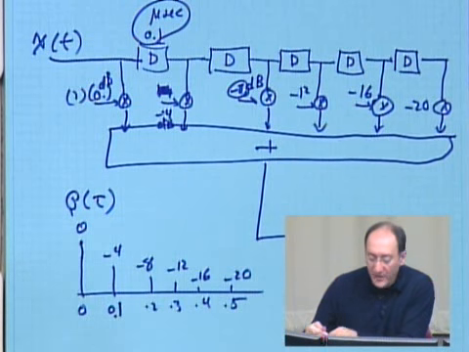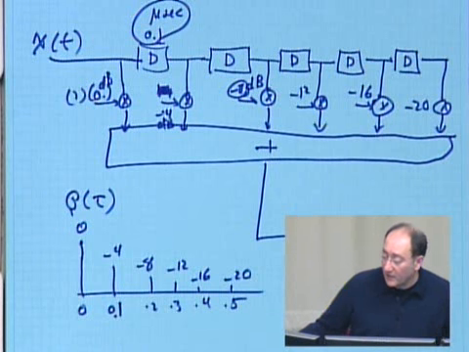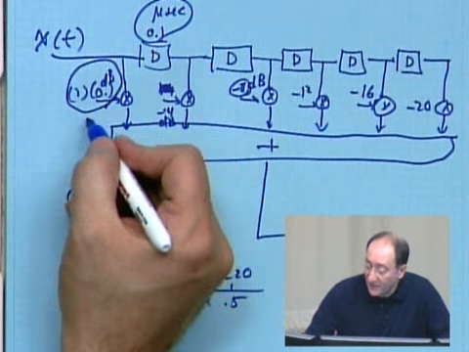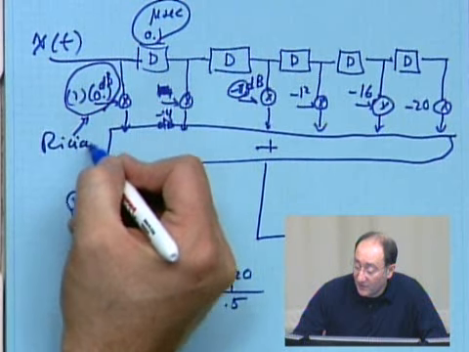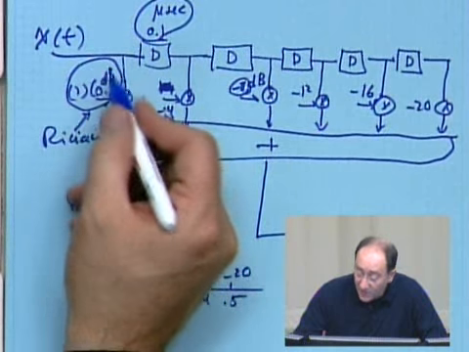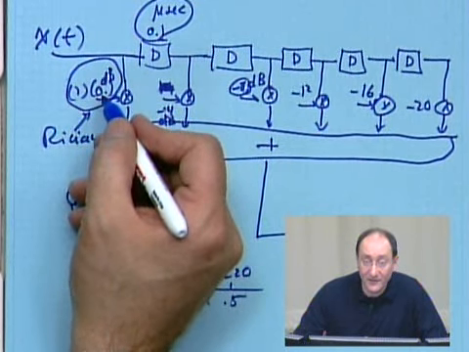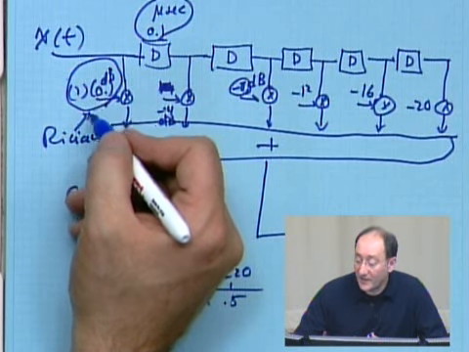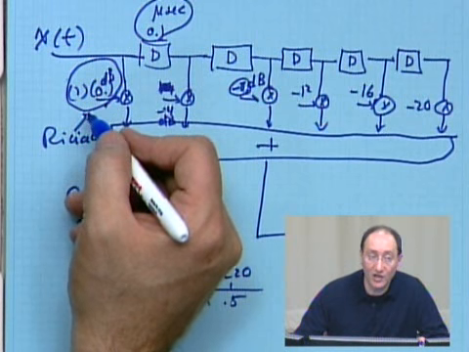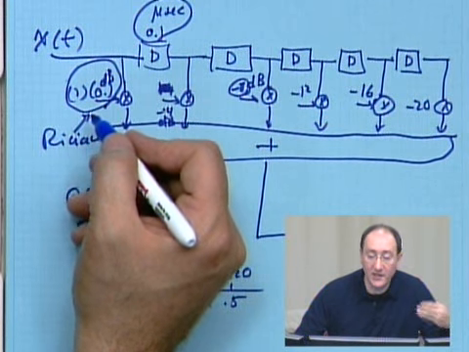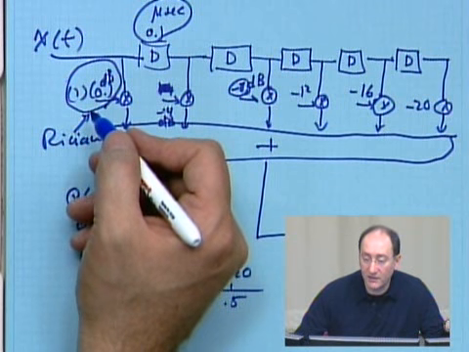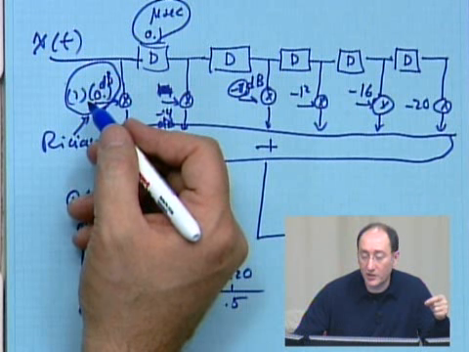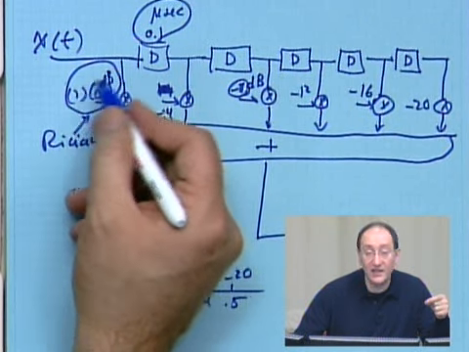So basically, for the first tap with 0 dBm that I had, this is Ricean. This means that when I want to simulate the variation, this is my variance. Variance is 1. And then I have some DC component on top. So I do the same simulation that I did in the first Jake model or the Gaussian model that I did in my project number 4, and I put the variance like that.